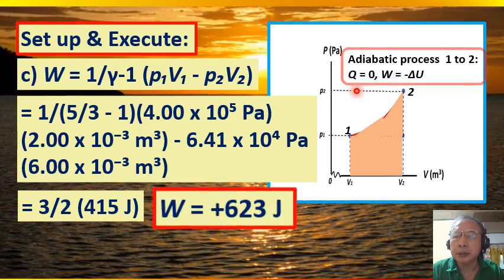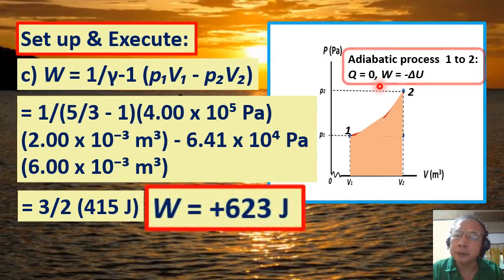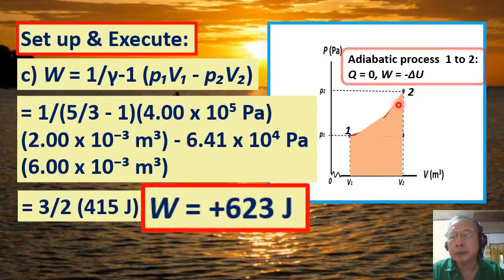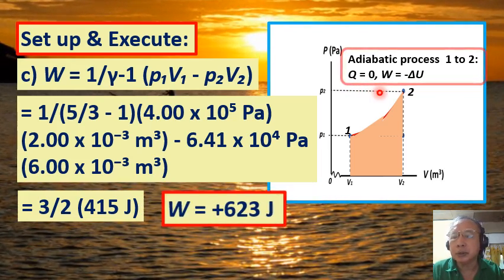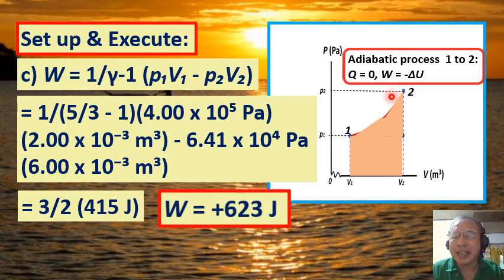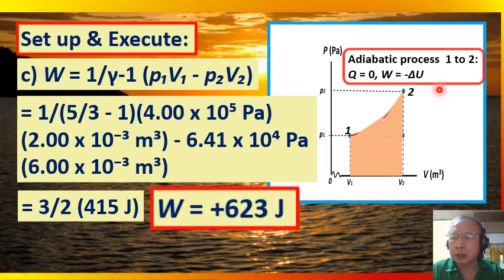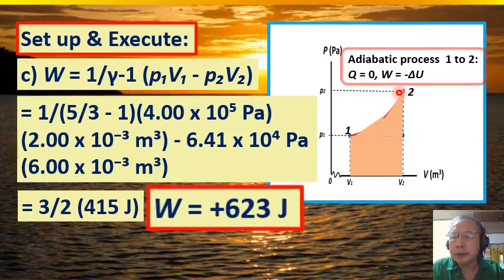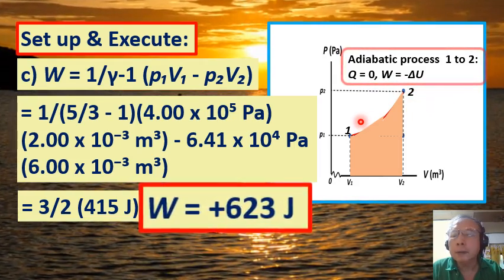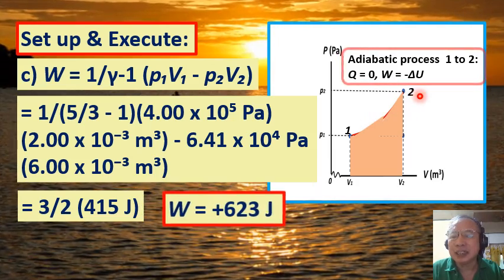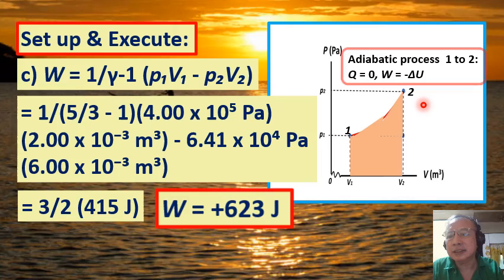So capital Q is equal to 0. So according to the first law of thermodynamics, if there is no heat transfer, or big Q is equal to 0, then the work done by the gas is just equal to the negative delta U. Negative delta U means that the internal energy of the system or the gas has decreased.